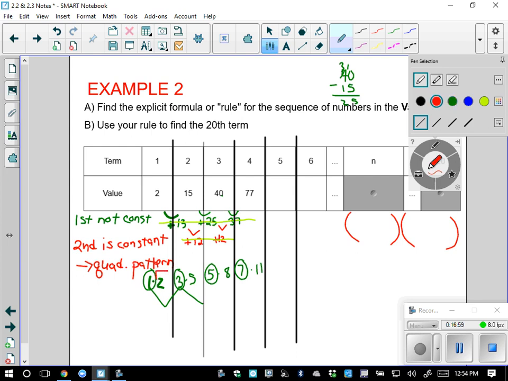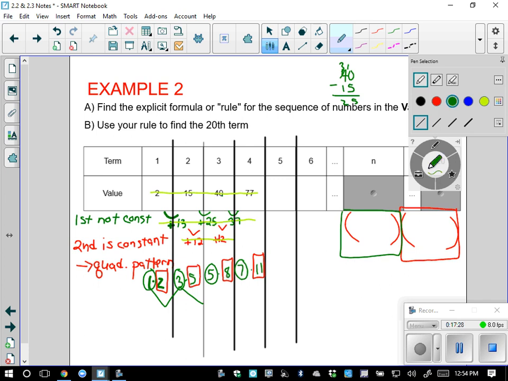And I like to separate them into 2 groups. So the second number will be my second factor, and the first number will be my first factor. So now I'm not going to use these numbers anymore. I'm going to use the multiplying pattern.